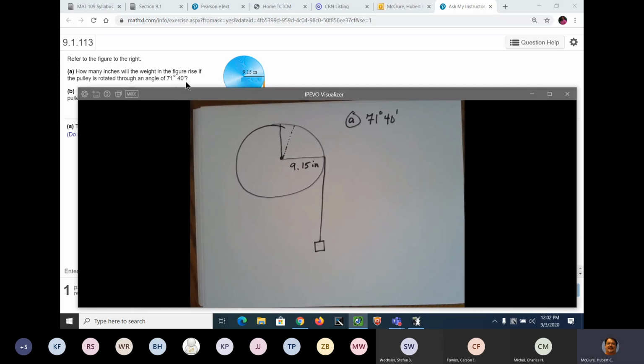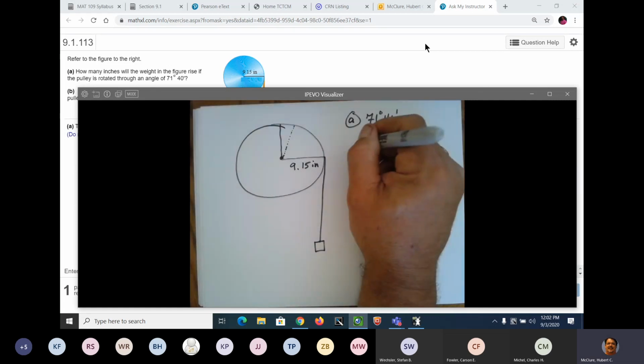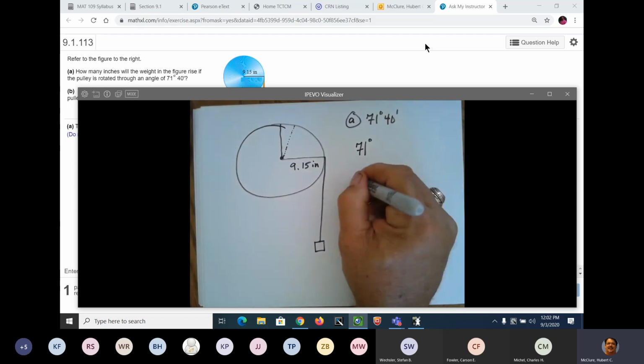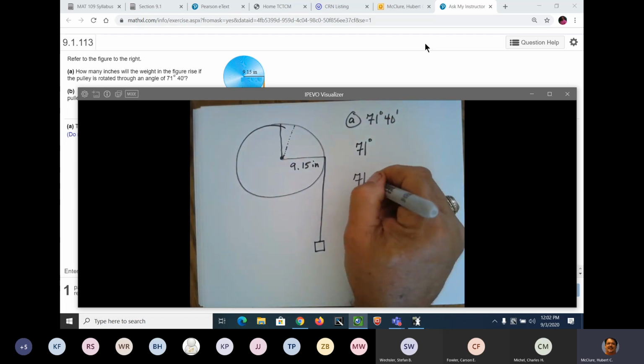Well, we're going to have to change that 71 degrees 40 minutes into what? Radians. So let's change it into radians. Now, if you got a graphing calculator, it'll do it for you. But if you don't, you got to change that into a decimal. We know the 71 doesn't change, so that'd be 71 point something.